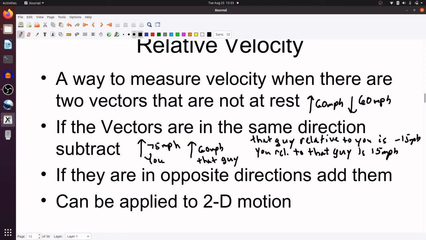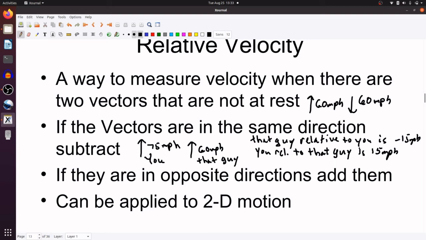So a positive, because you passed him. In either case, we subtracted one from the other. We either subtracted 60 from 75 or 75 from 60, depending on whose point of view we were trying to look at. So that's a term that we use a lot, relative to this and relative to that.